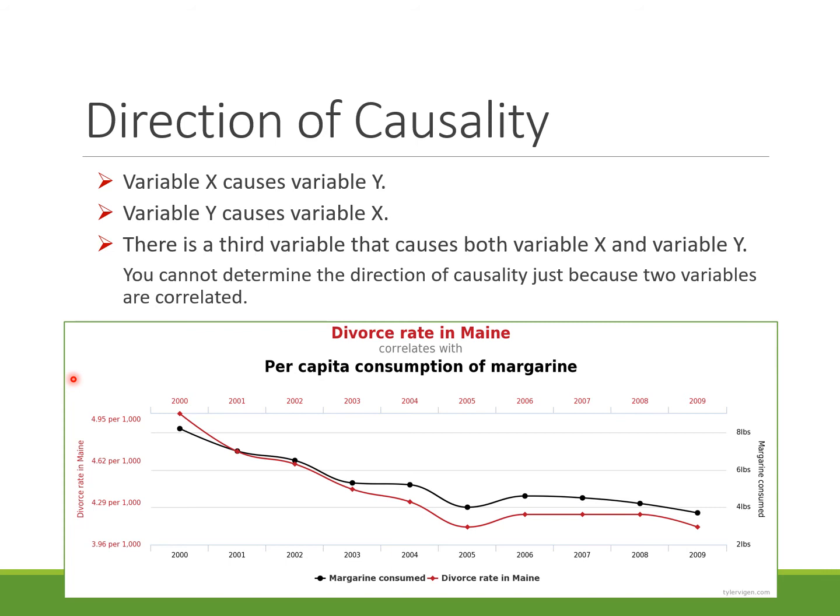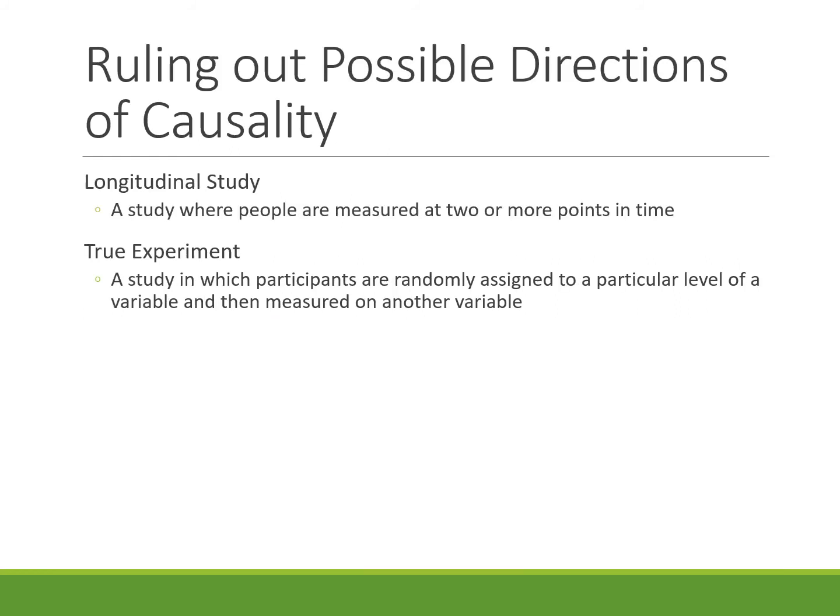Now, do we think that eating margarine causes the divorce rate to go up or down in Maine? Or does the divorce rate in Maine cause people to consume more or less margarine? I don't think either of those cause the other, but we do see that they are strongly correlated and they follow the same trends. I just thought this was a great website. You'll see more of this when we get to the discussion board for Unit 2.